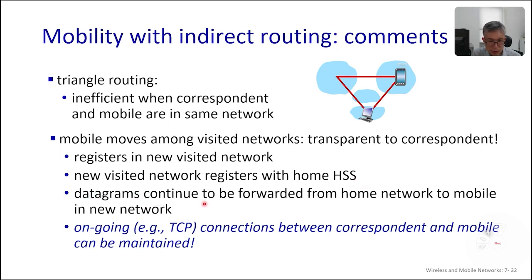Datagrams continue to be forwarded from the home network to the mobile node in the new network. The benefit is that ongoing connections, like TCP connections between the correspondent and the mobile node, can be maintained using this indirect routing.